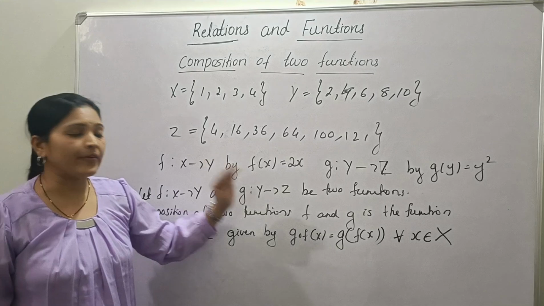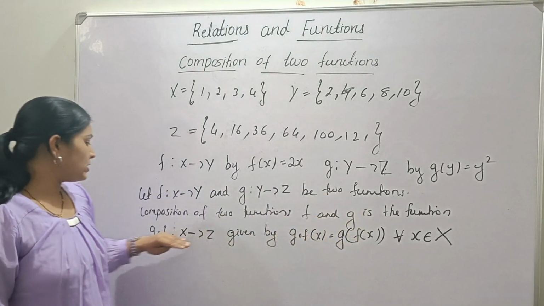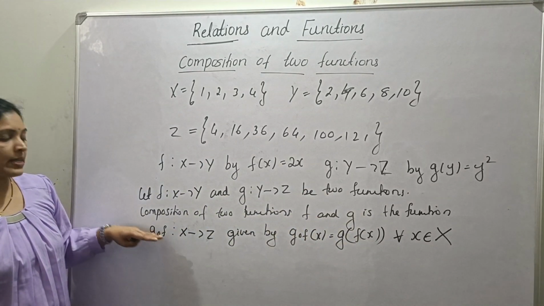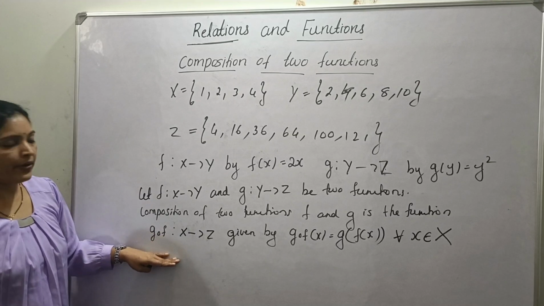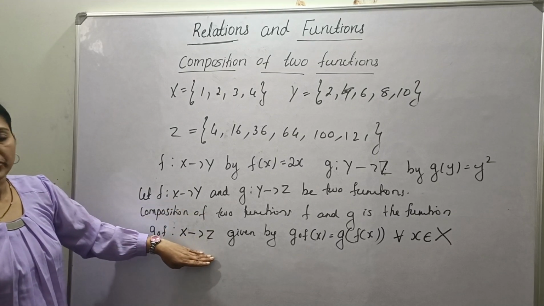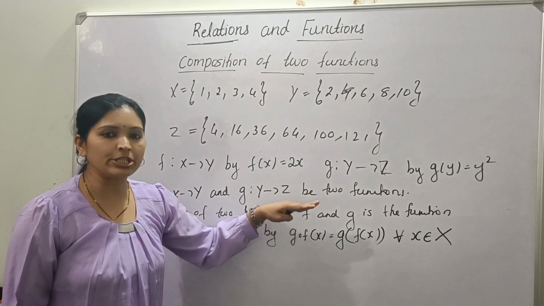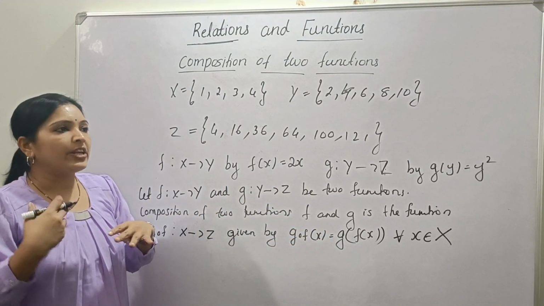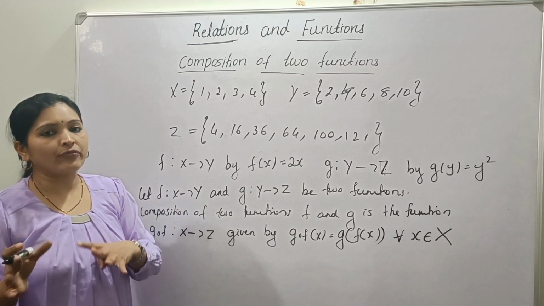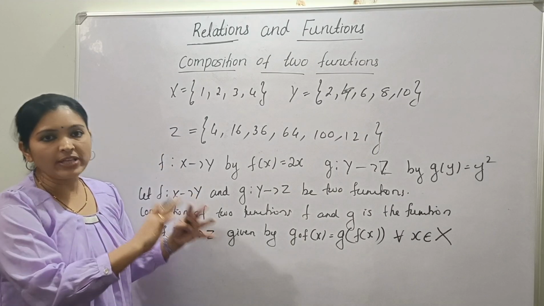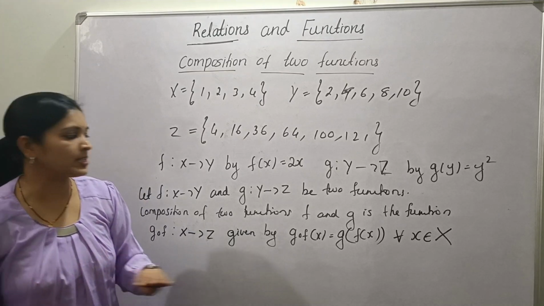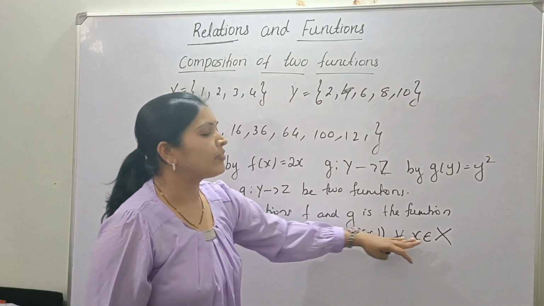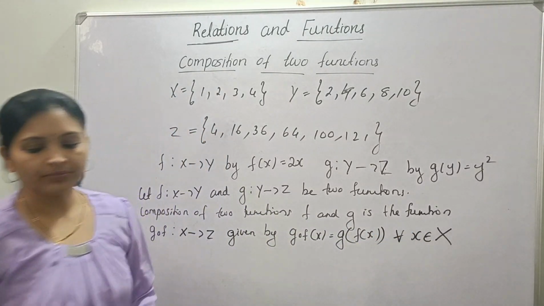Composition of two functions f and g is the function g composite f. It is represented as g composite f from X to Z given by g composite f of x is equal to g of f of x. See, when we are asked to find g of f of x, first of all we will find f of x, then we will find g of f of x, for all x in X.